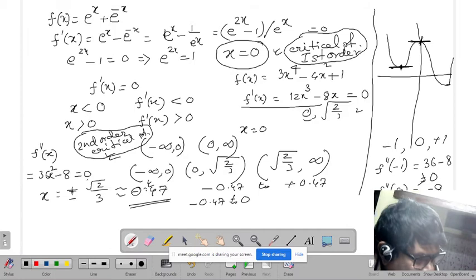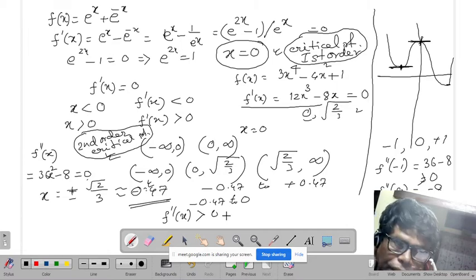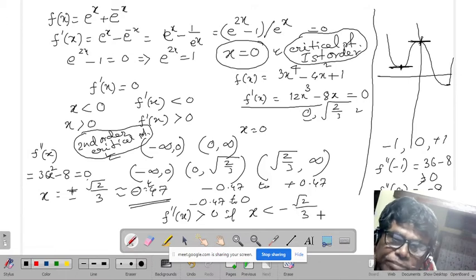We cannot say whether the curve is decreasing here, because we are taking the second derivative. But we can conclude that f double dash x is greater than 0 if x is less than minus root 2 by 3.